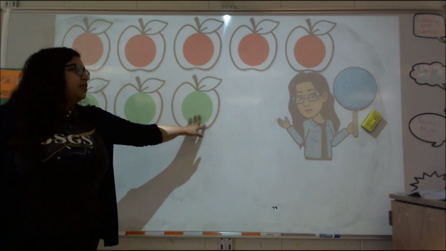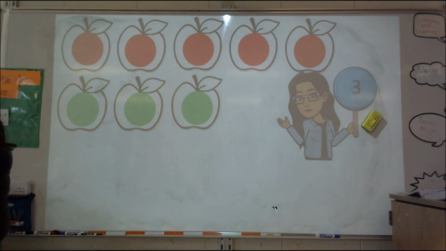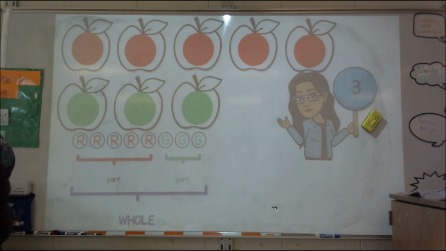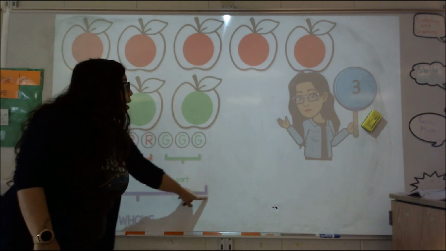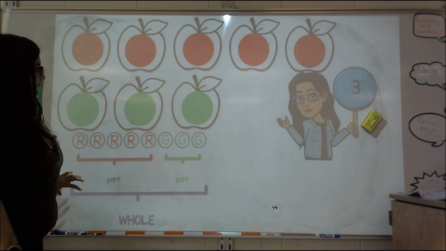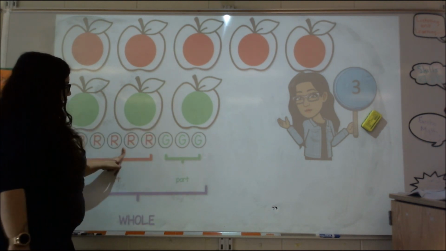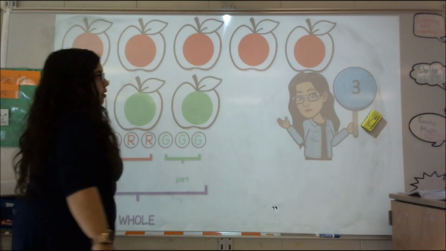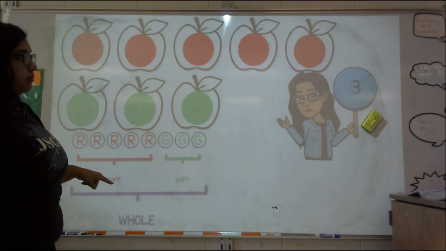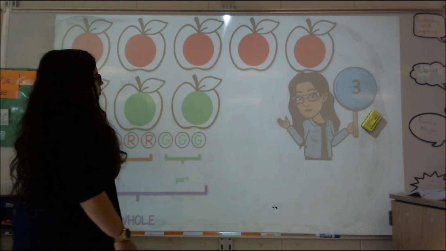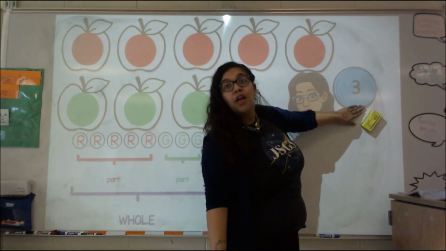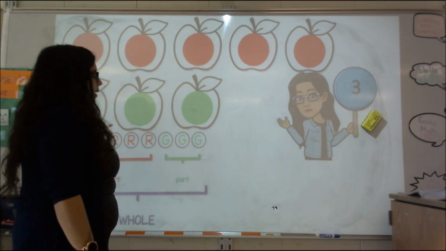And now we need to identify the green part. So we have this lovely picture number bond showing our whole as all the apples, and then they drew the two parts. One part being the red ones and the other part being the green ones. How many are green? 3. There are 3 green apples.